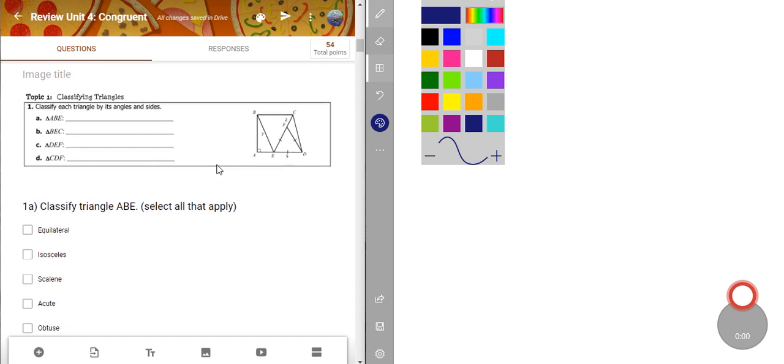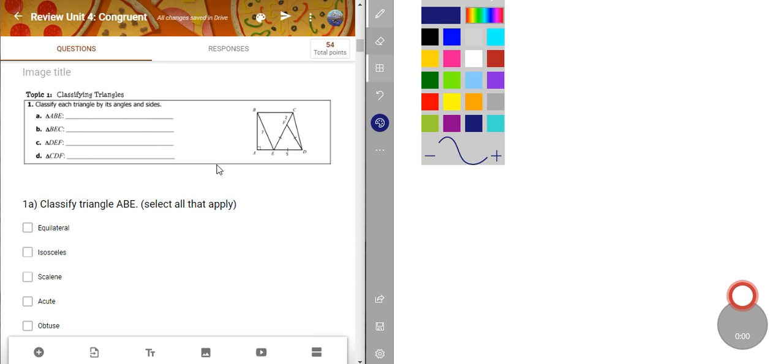Classifying our triangles is the first thing we're going to take a look at. Classify each triangle by its angles and sides. If we're looking at A there, the triangle is ABE, that's that right triangle there. It's got a side length of 7, a right angle, and a much shorter side length.